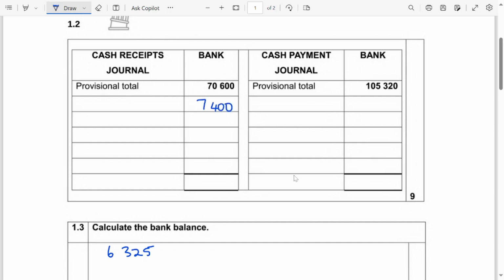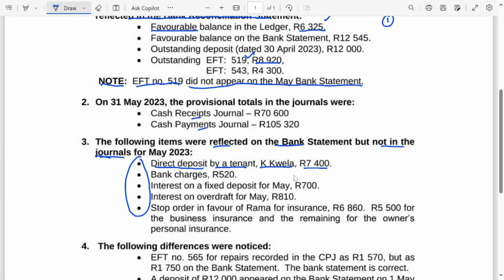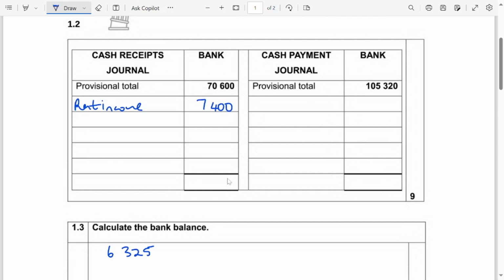It's a tenant, we are receiving money, so it's going to be the rent income. And then bank charges, 520. The bank is charging us for using the bank, so it means we are making a payment. It's a CPJ, 520. Bank charges.